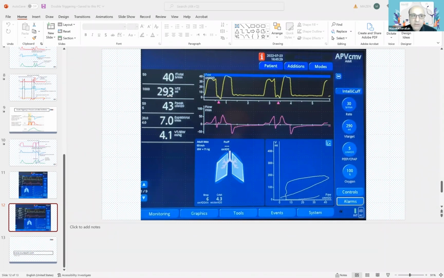So that could be a central reason. At the same time, it could be that you're not giving enough to the patient, and that's what you call air hunger.